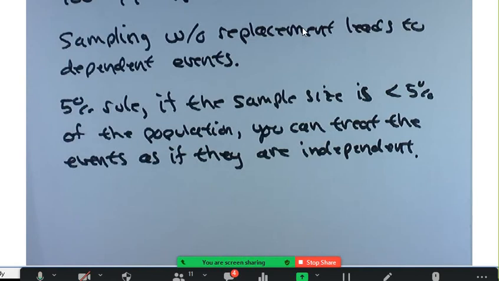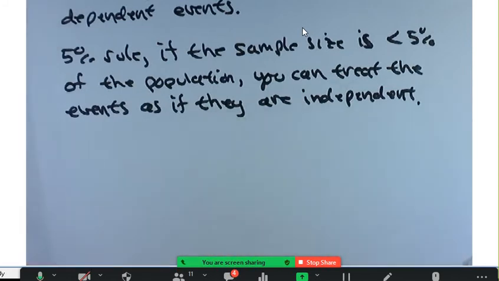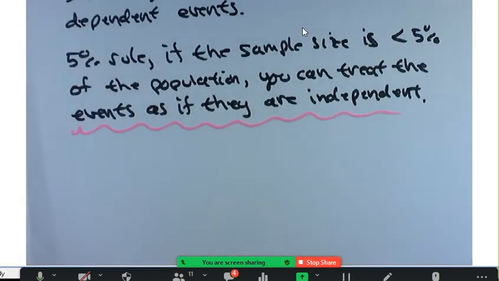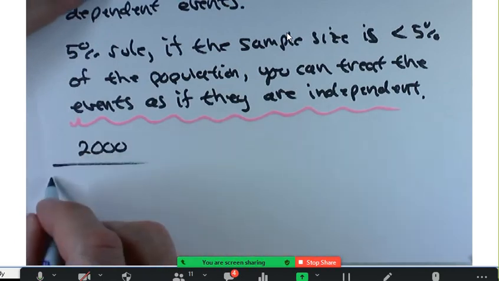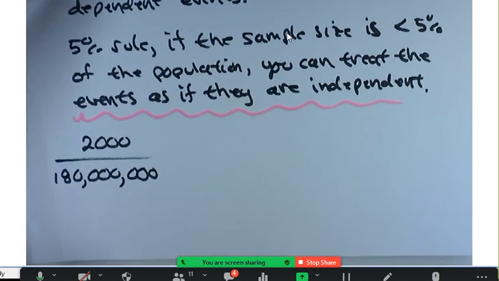Now, a lot of times, surveys on the national scale are based on a couple thousand voters. So, let's see. Suppose you're going to draw a sample size of 2,000 out of all the eligible voters here in the United States. And for the sake of argument, let's just assume that there's 180 million registered voters in the United States.